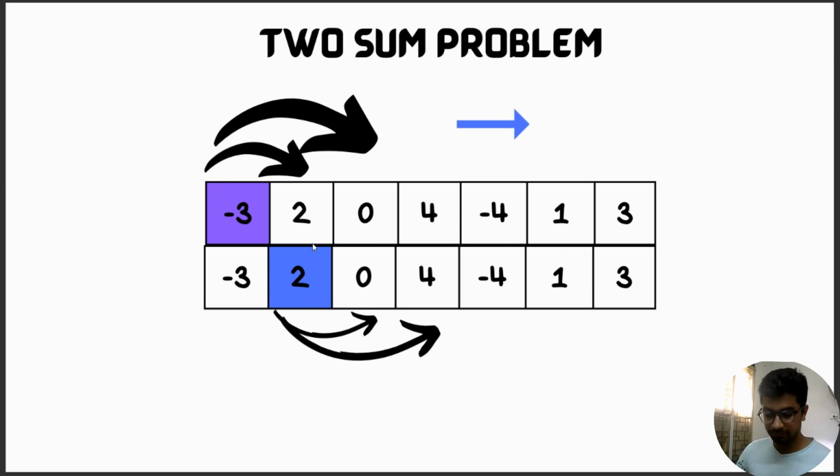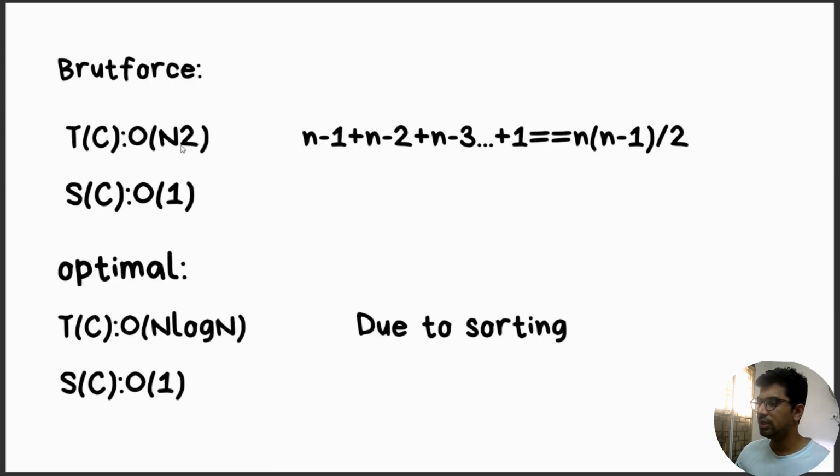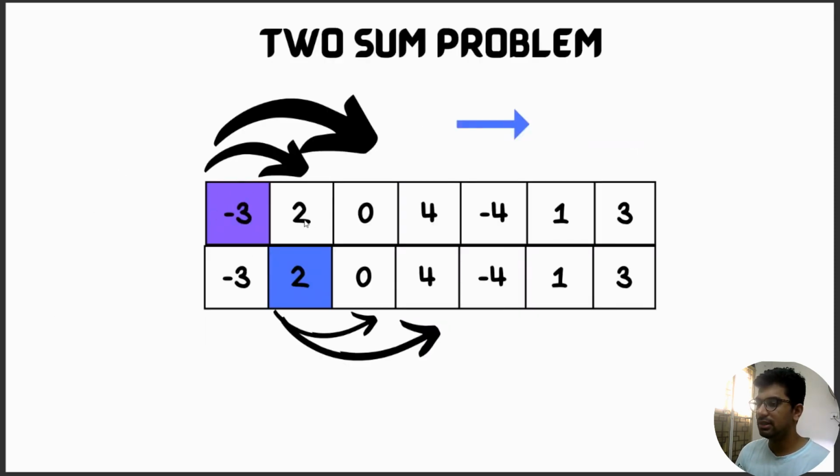So in that approach, let's see the time and space complexity. In the brute force approach, if we take this number, then there will be n minus 1 elements. If we take this number, then we have n minus 2 elements as our options. Here n denotes the number of elements in the array.